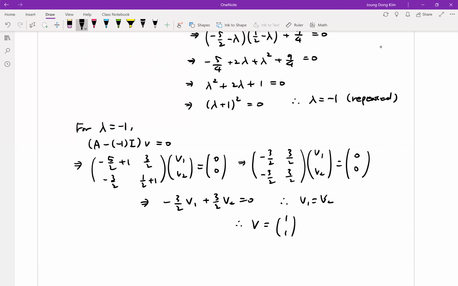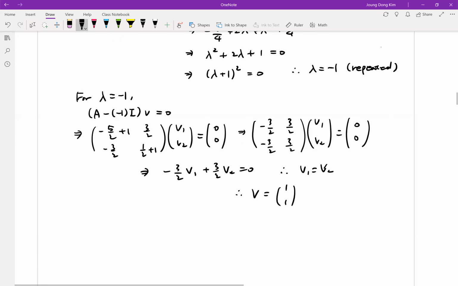So with this one, I can say your first solution function is e to the minus t times the vector. As we discussed before, we have only one solution vector, but this is not enough. We need another one, which is independent of this one.